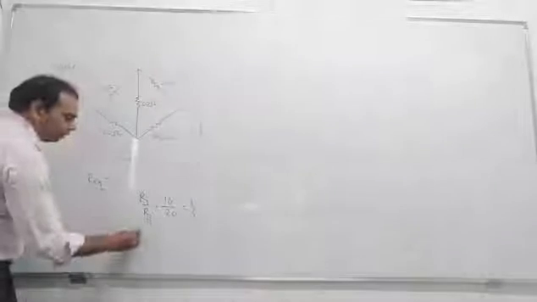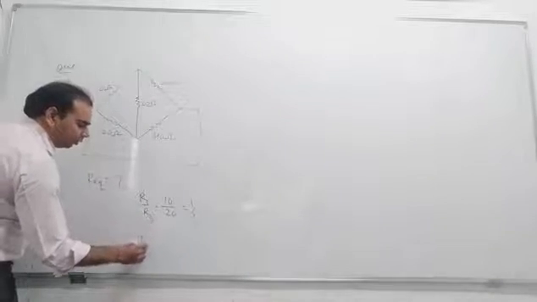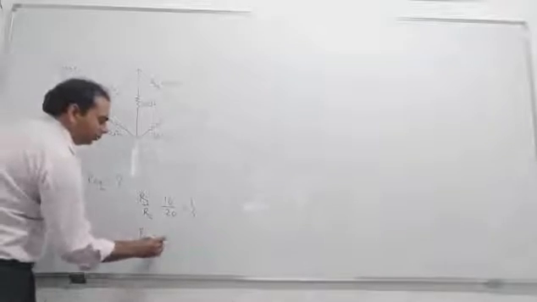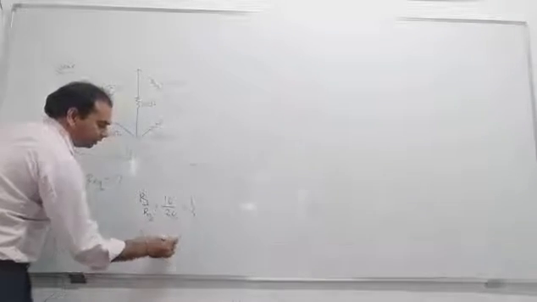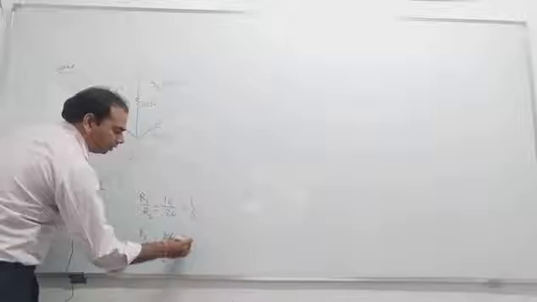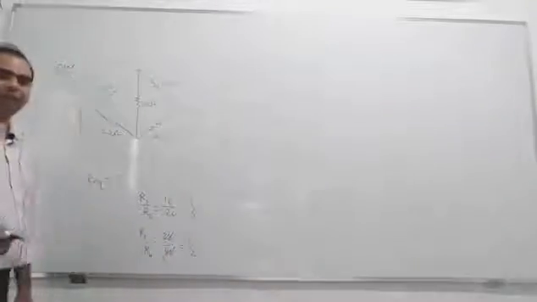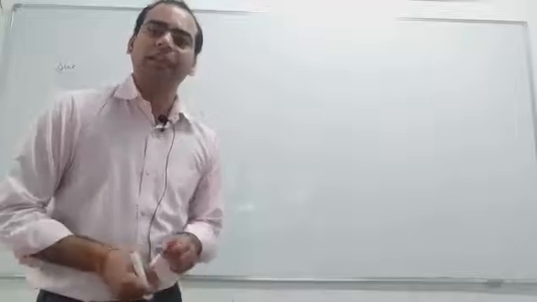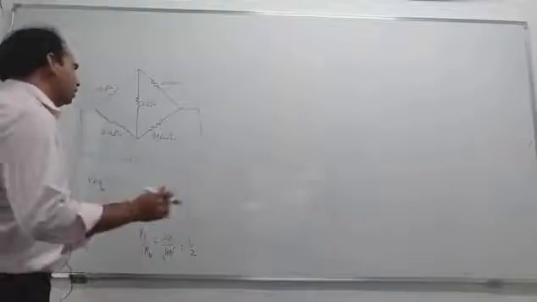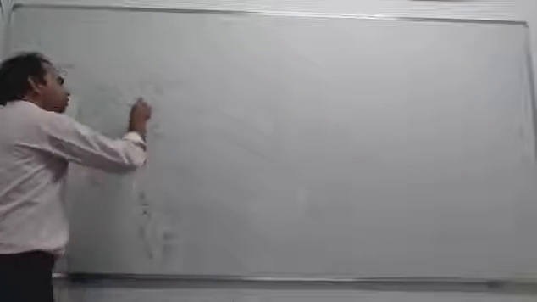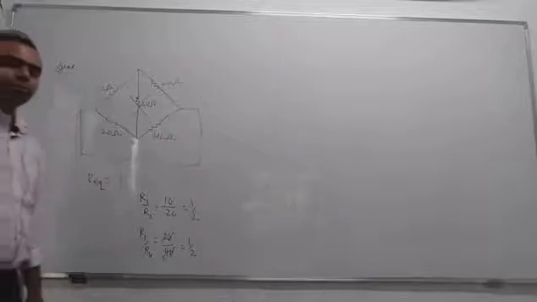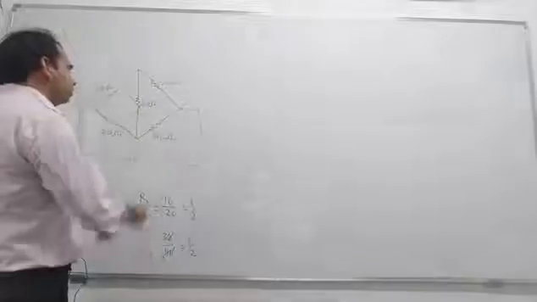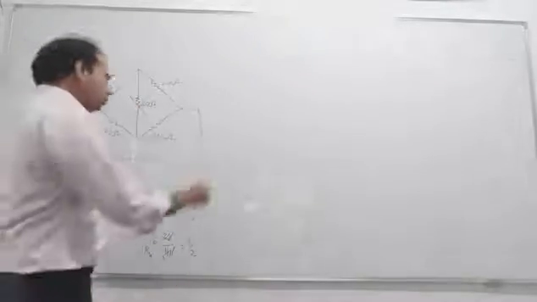And R3 upon R4 is 20 upon 40, and this is also 1 upon 2. So the condition of a balanced Wheatstone bridge is satisfied, hence this bridge is a balanced bridge, hence you can remove this 30 ohm resistor easily, because there is no current through this.